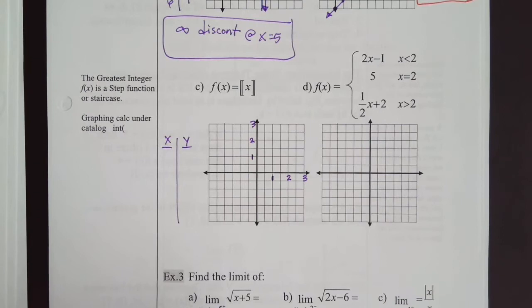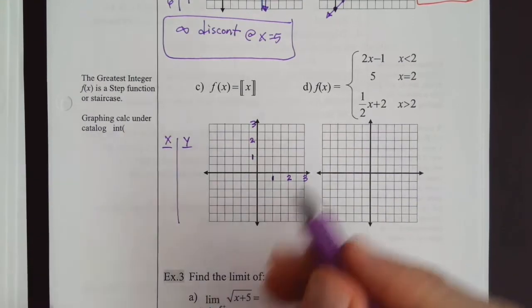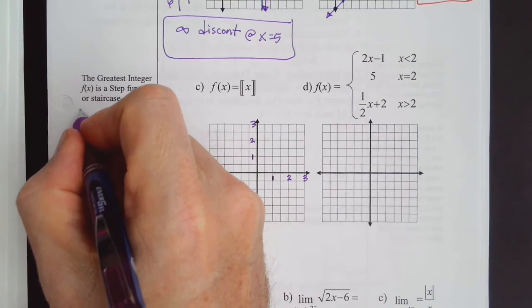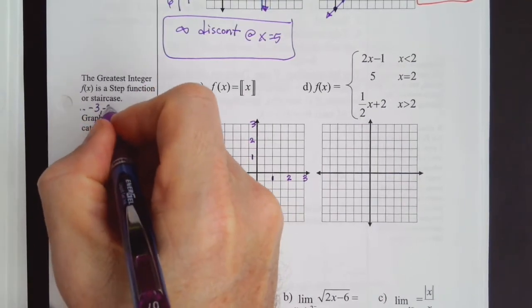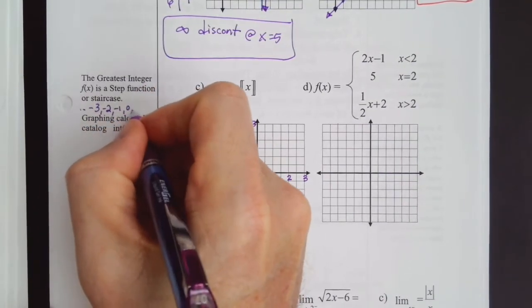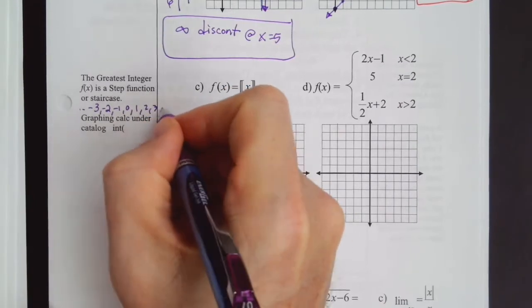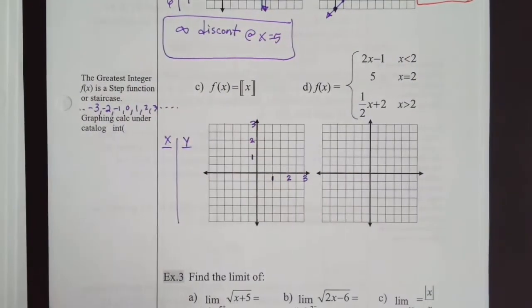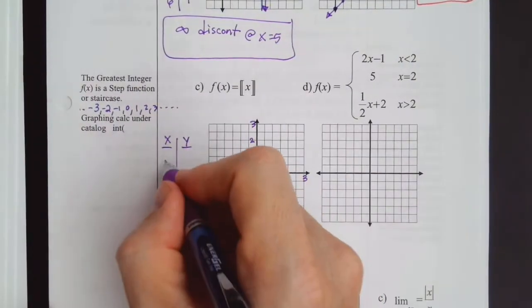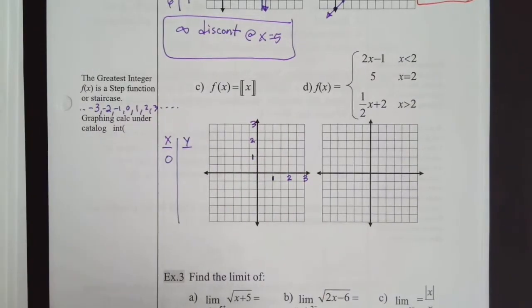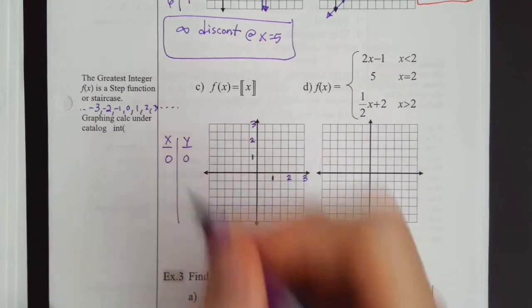And the greatest integer function says, what is the greatest integer less than or equal to that number? So hopefully you remember your integers. That's negative 3, negative 2, negative 1, 0, 1, 2, 3, and so on. So let's just pick a number, 0. What's the greatest integer less than or equal to 0? Well, it's going to be 0.